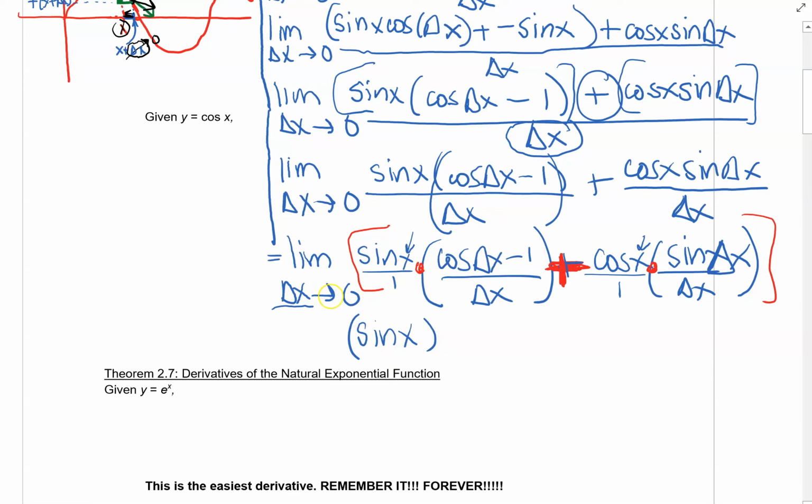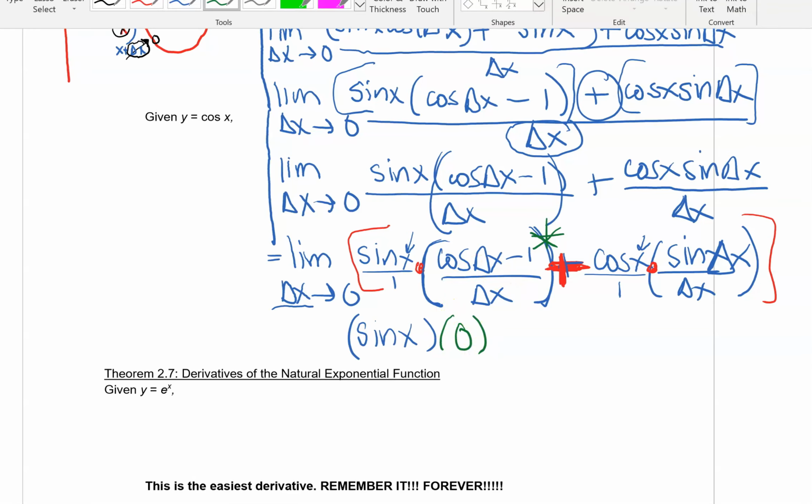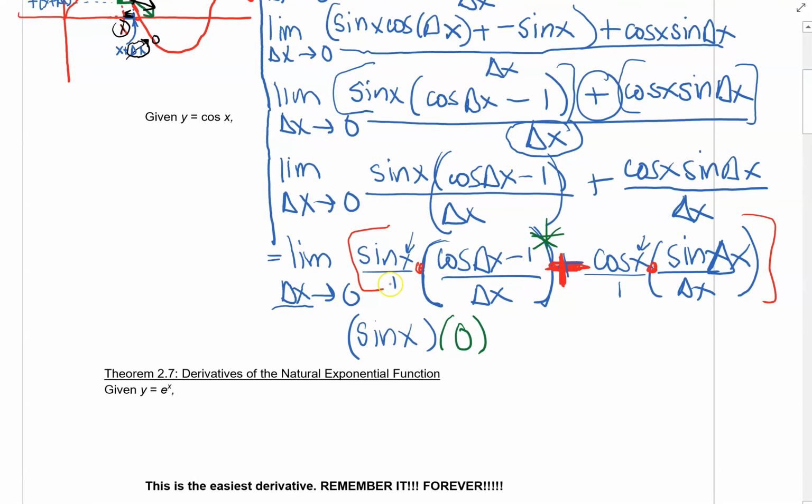Whereas the limit as delta x approaches 0 of this part, cosine delta x minus 1 over delta x, is one of our special trig limits that we learned back in chapter 1. This was a special limit, and if you remember, it equaled 0. So that all goes to 0 when delta x goes to 0. And then I'm adding the limit as delta x approaches 0 of cosine of x, but again, it's of x, not delta x.